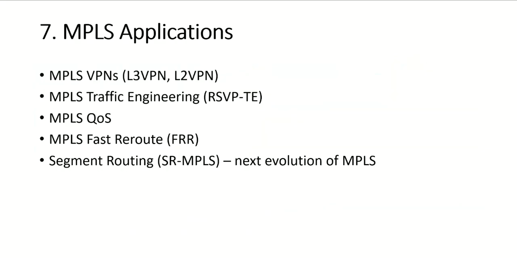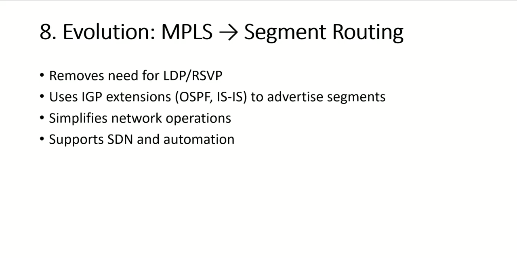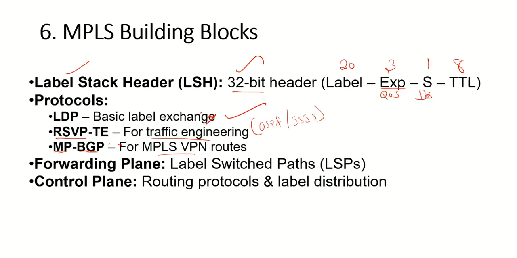You are going to have a control plane with labels, which we call the MPLS binding table. Alright? So for every destination route, we will have the exit interface along with the label.